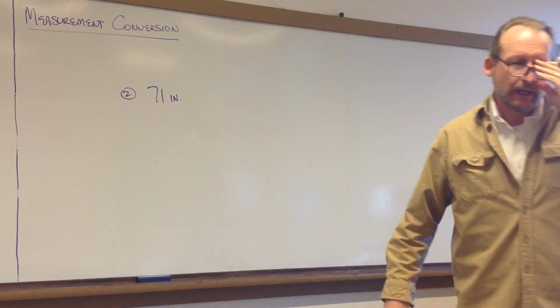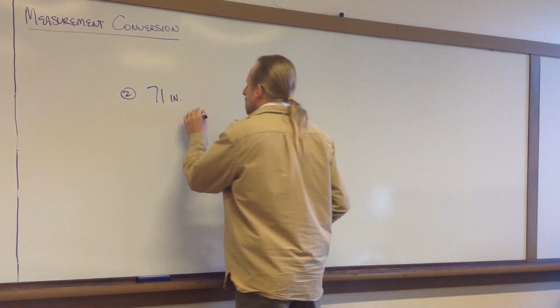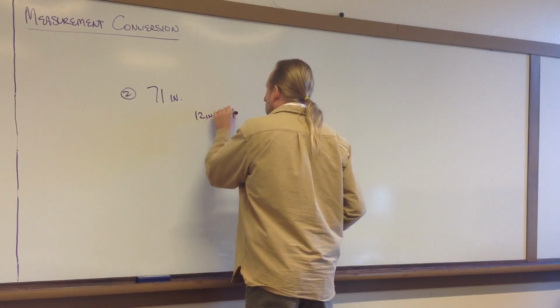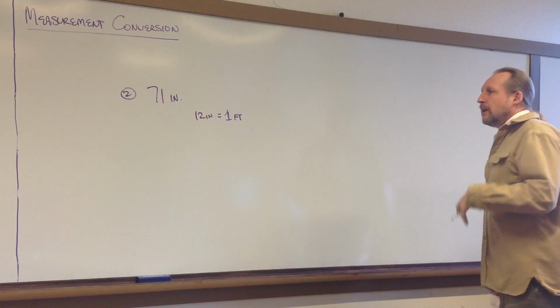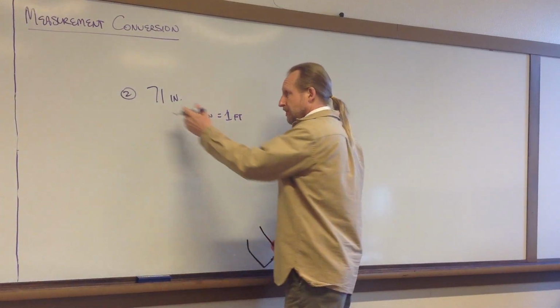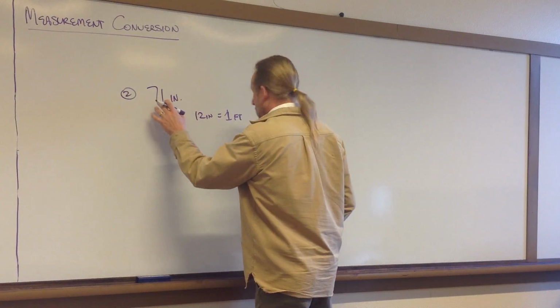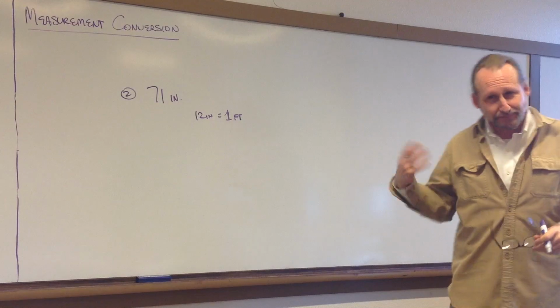Well, again, you've got this on your conversion sheet, but this is the one that I think most people do know. 12 inches make 1 foot. Again, do we want to multiply or divide? In this scenario, we're going to be dividing: 71 divided by 12.